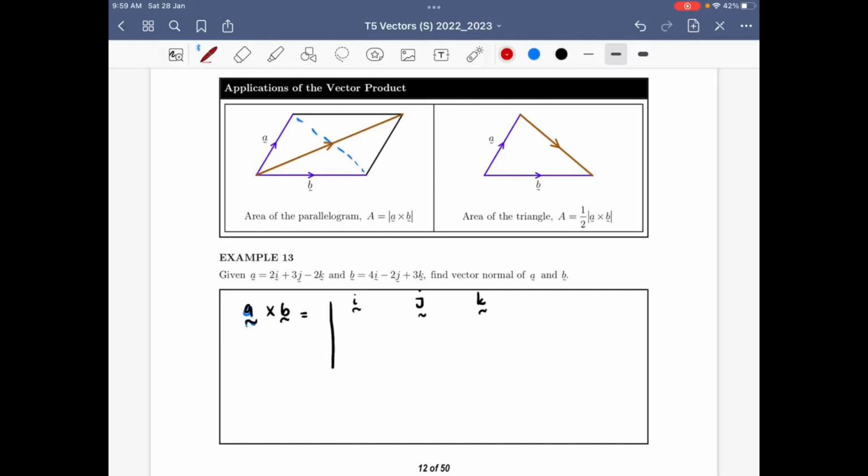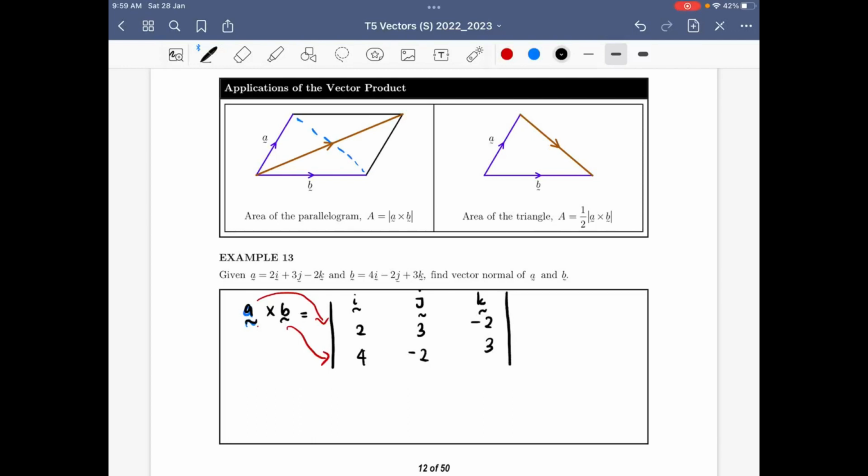And then please remember, if we want to put A, we put it here. And then B, we put it below here. Okay? Then A is 2, 3, negative 2. B is 4, negative 2, and 3.